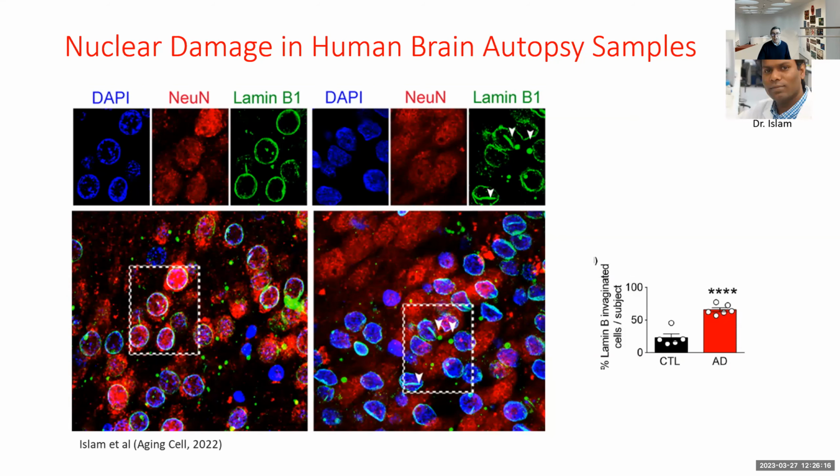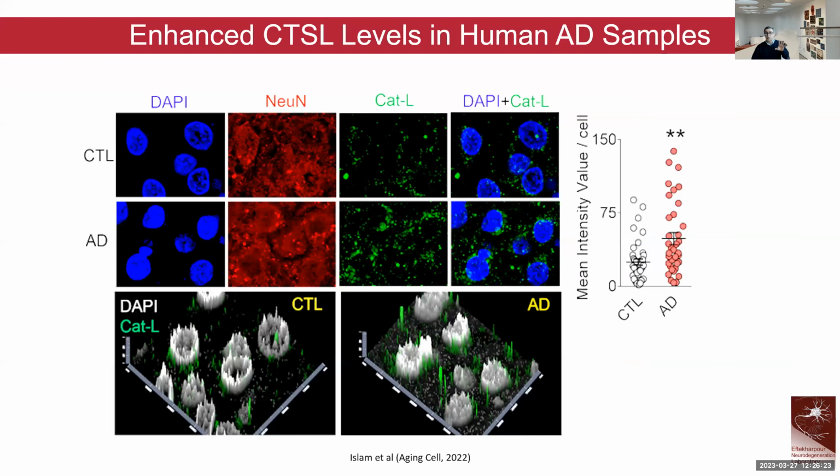So here is what I showed you in nuclear lamina in human tissue. But here we then stained our human tissue for lysosomes and for cathepsin L. And here what we are showing is that there is an upregulation of cathepsin L activity.